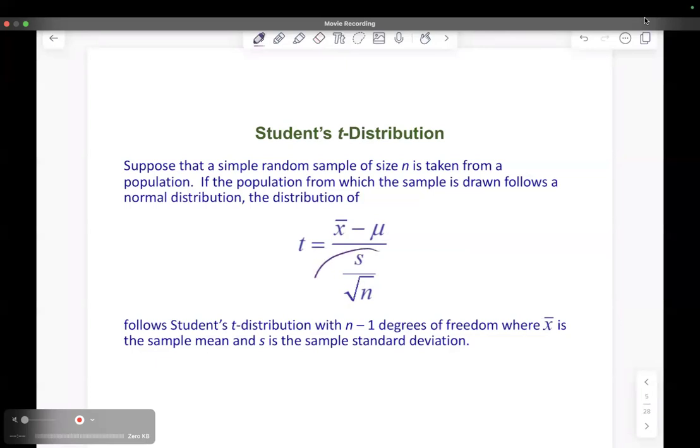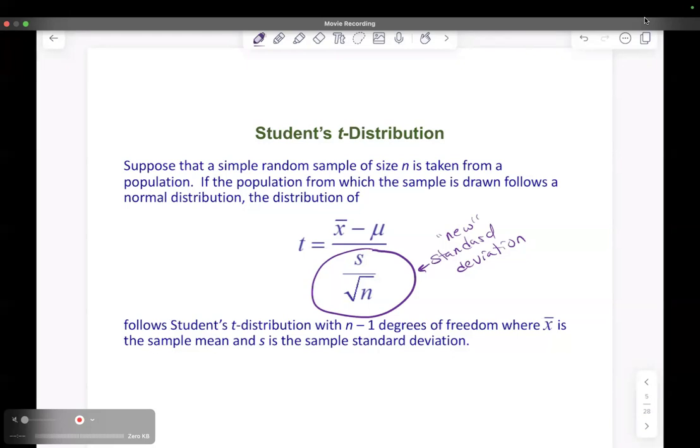This right here is the standard deviation. You guys may recall this from chapter 8. This is like the new, I'll write new. So the new standard deviation, and we take the sample mean, subtract the population mean if we have it, and then you divide by the new standard deviation.